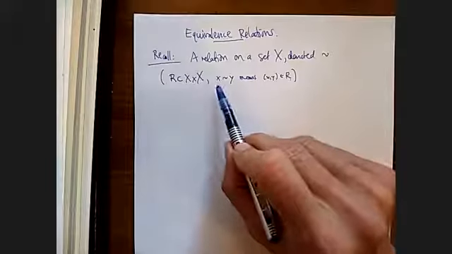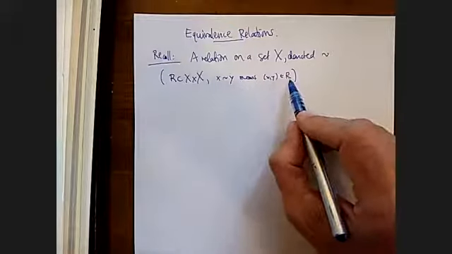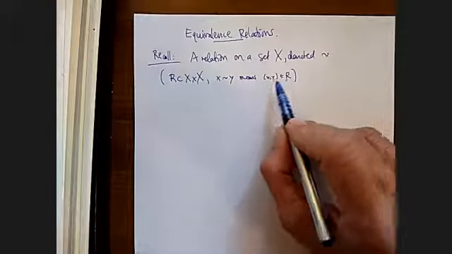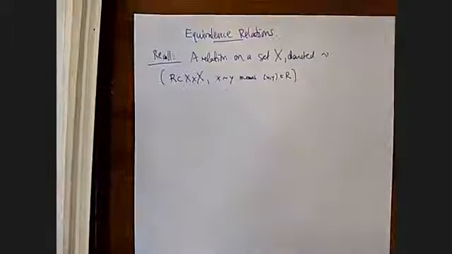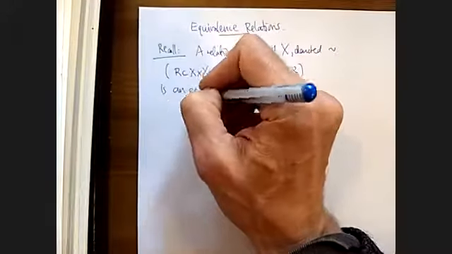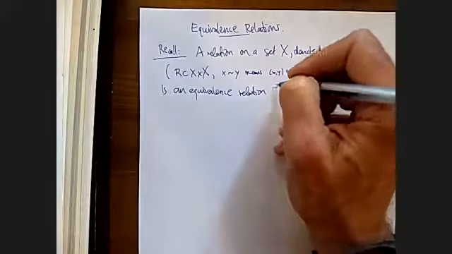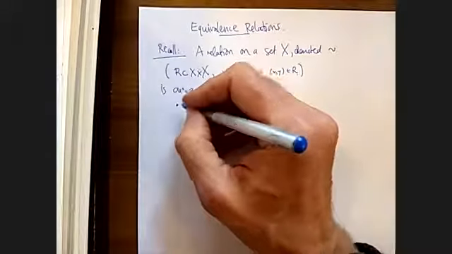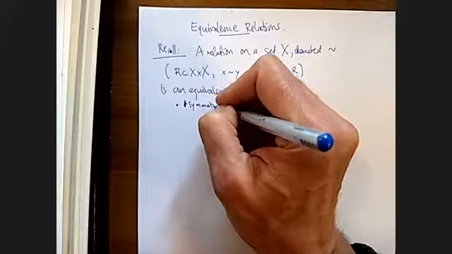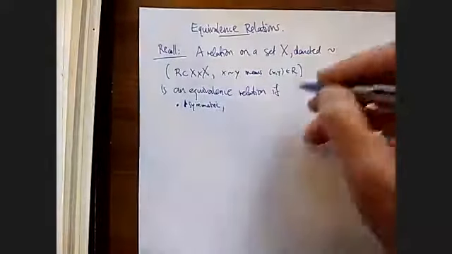And so once we have this, if I have a pair XY, it can either be in the subset R, in which case we write X tilde Y, or XY is not in the subset R, then X is not in the relation to Y. So a relation is an equivalence relation if, sorry, I forgot the reflexive.